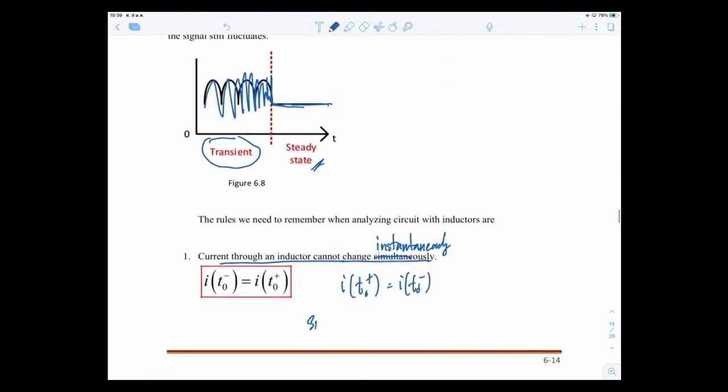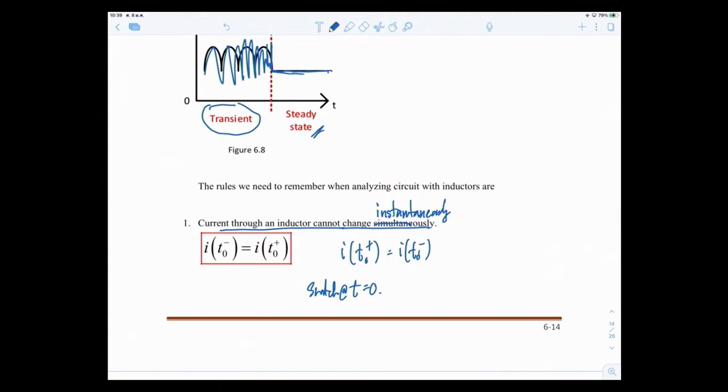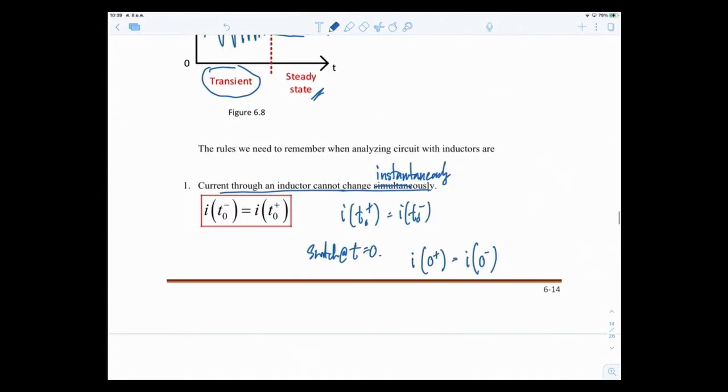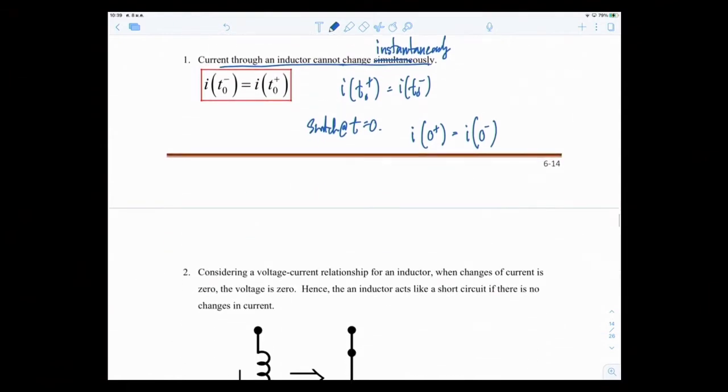If your circuit has a switch and the switch changes at T equal to 0, the current going through the inductor at 0 plus is equal to the current through the inductor at T equal to 0 minus. So current through an inductor cannot change instantaneously.